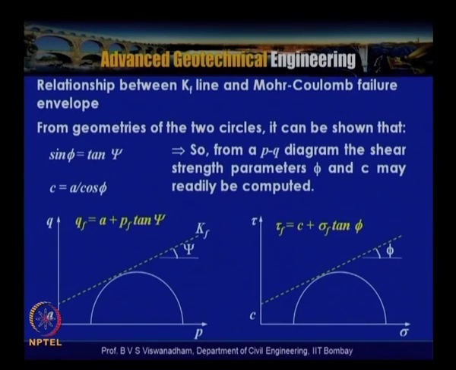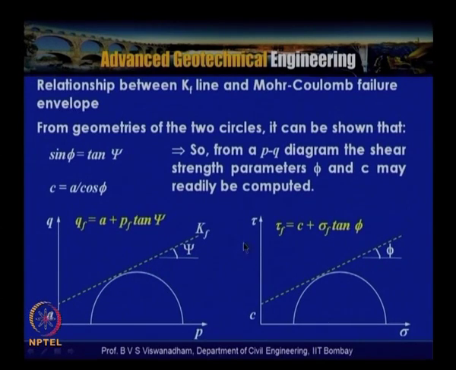When we have that, we say that the Kf is the failure line, which is indicated at psi. This combination indicates the point is tangential. So this vertical intercept is A, and this inclination is psi.